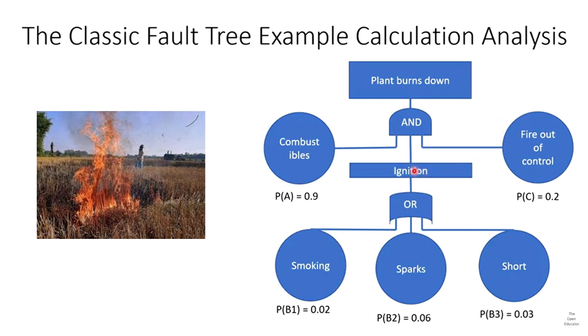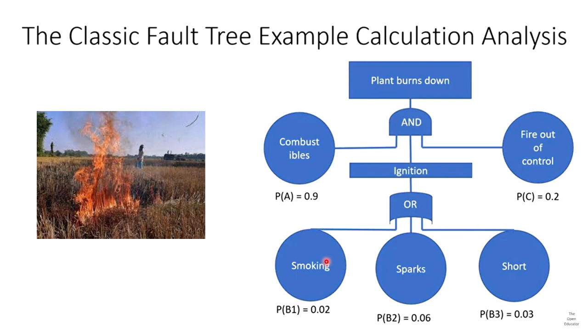Okay, and then as you can notice, we have here the primary events in circle symbol, but for the rectangle symbol, this is ignition. It means that it has some sub trees, or a more analysis can be made on this event. Okay, so for the ignition we use the OR gate. So when we have the OR gate, it means that this is the union of all of these causes.